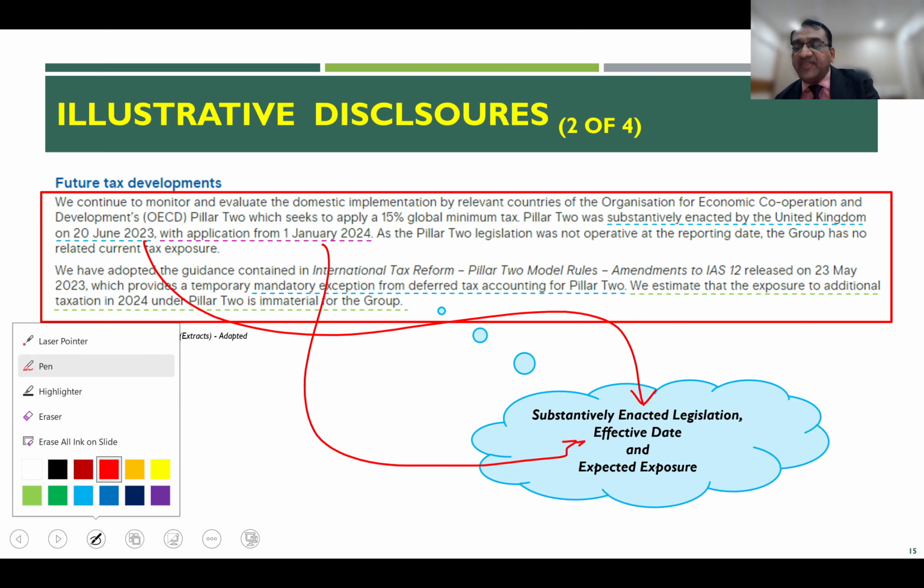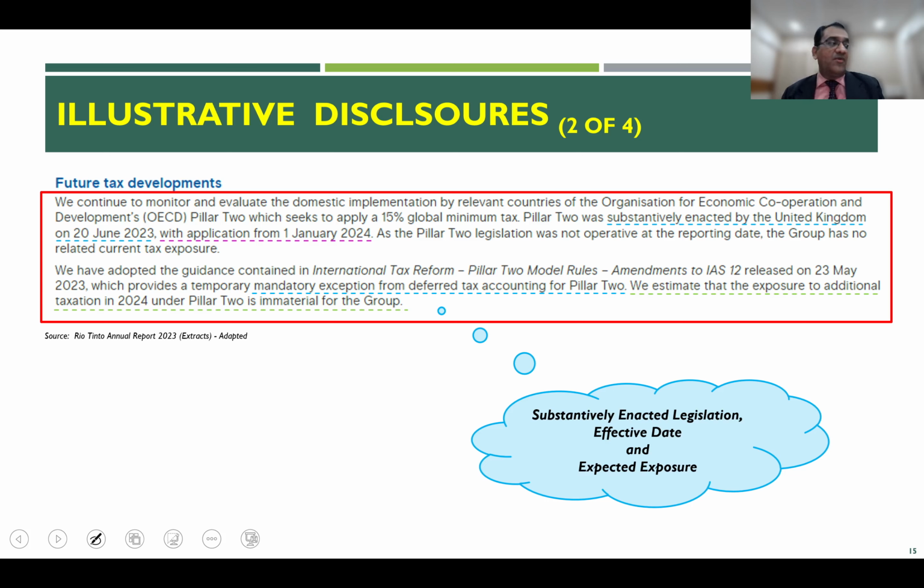Now, if you see the exposure, what does it say? We have adopted the guidance contained in the Pillar 2 rules amendment, which has been released by the IASB in May, which provides a temporary mandatory exemption relief.